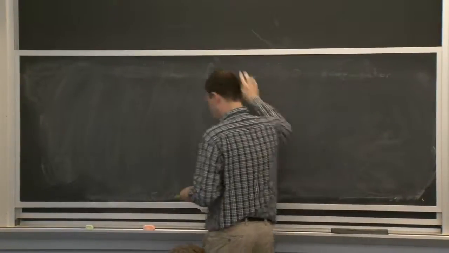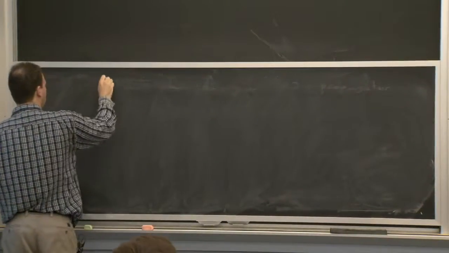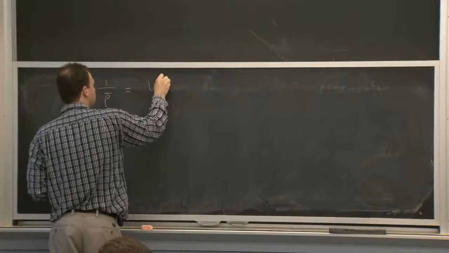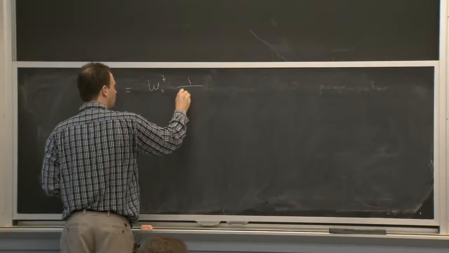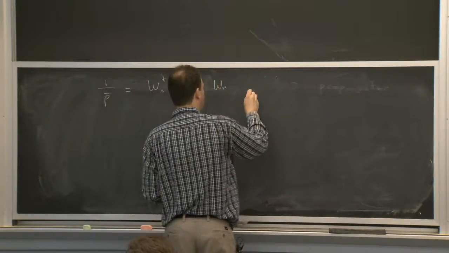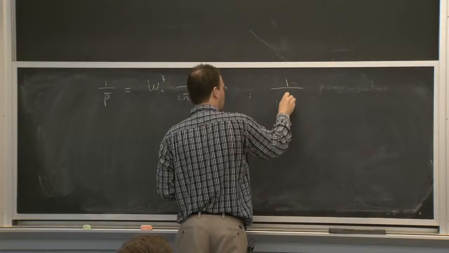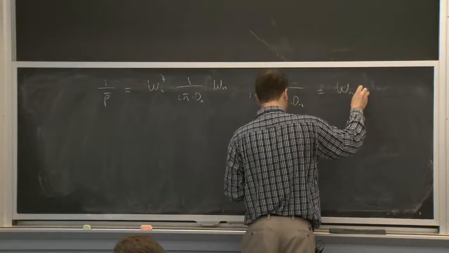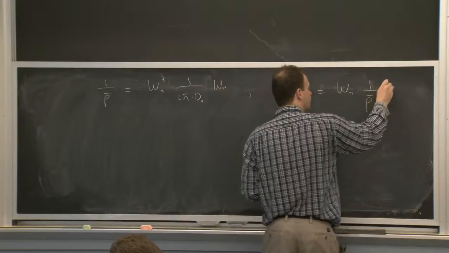It's also easy to convince yourself of the following. 1 over p-bar is W_n dagger 1 over i n-bar dot D W_n, and 1 over i n-bar dot D. I'll check that I got the daggers in the right place.